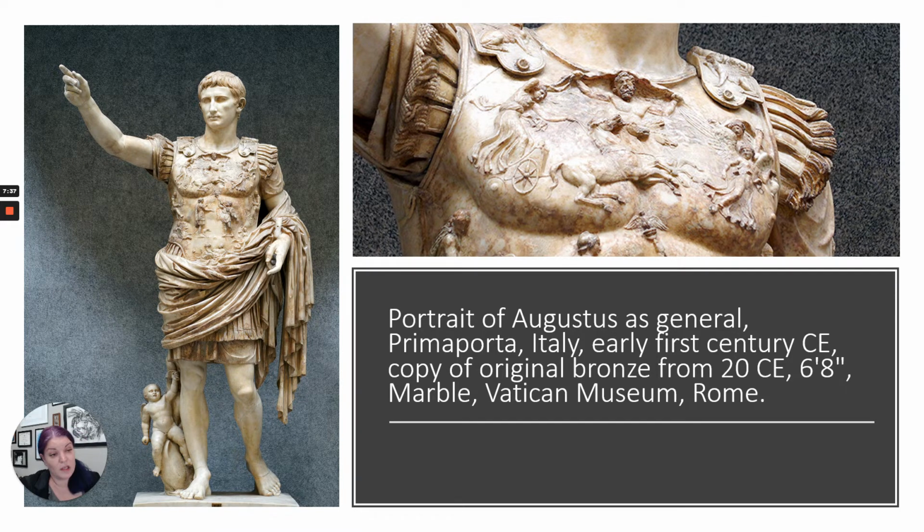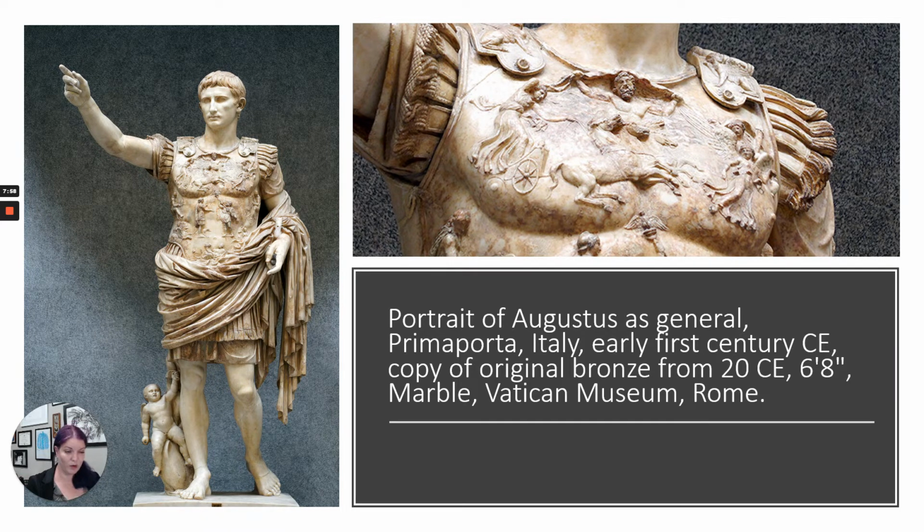Well, the baby is Cupid. You'll notice he has wings. Why would Cupid be holding on to the leg of a dictator, of a Roman emperor? Well, that is to establish and underline and draw attention to Octavian Augustus's godly lineage.